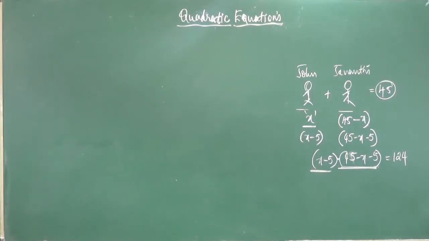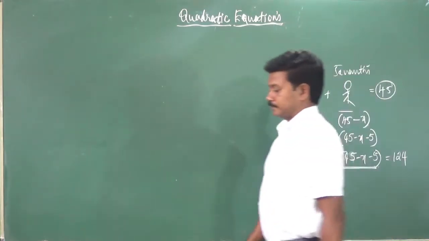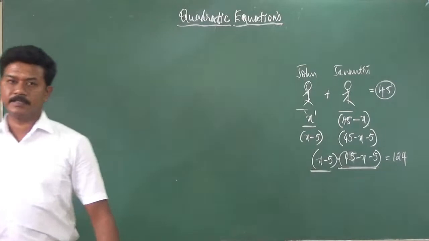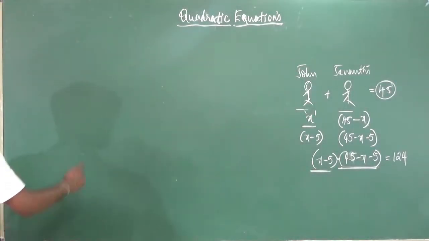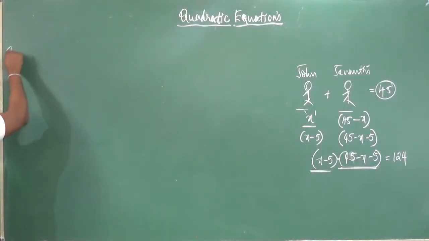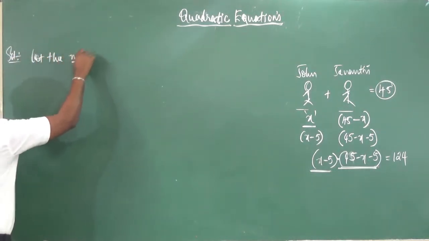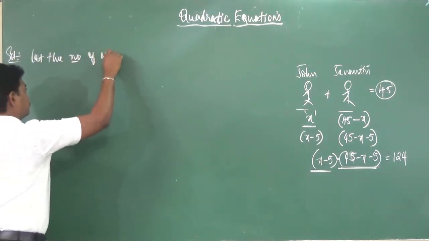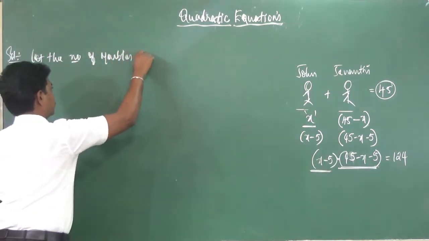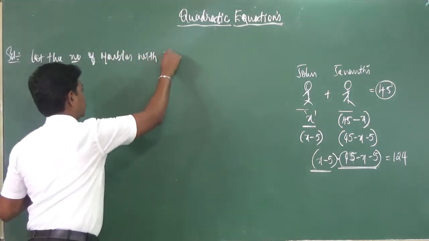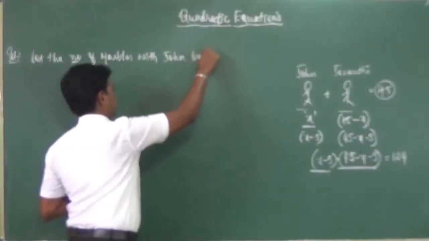So this is a very important problem. In most of the competitive exams you are going to come across it. So first thing, you will guess it. So let the number of marbles with John be x.